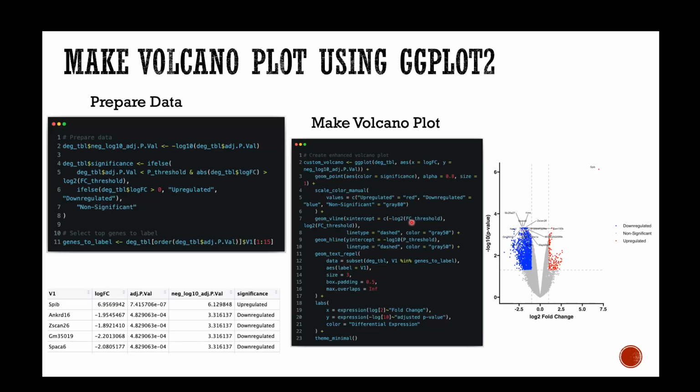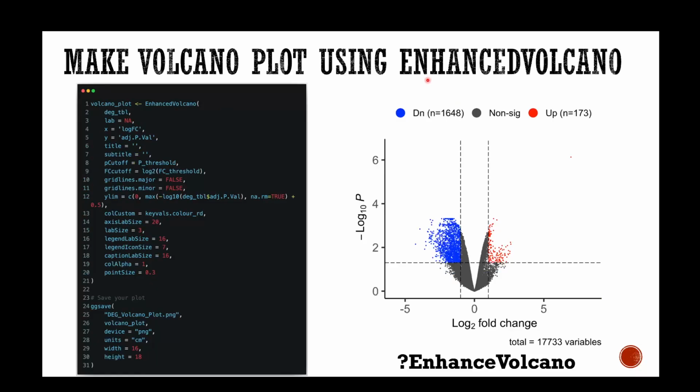But there's another easy way to make a volcano plot by using the EnhancedVolcano package. You can make the volcano plot using one command, one function, the EnhancedVolcano function. The only thing we need is the DEG table. And you can specify X and Y and cutoff. And also you can specify colors of down and upregulated genes, the same way as in ggplot.